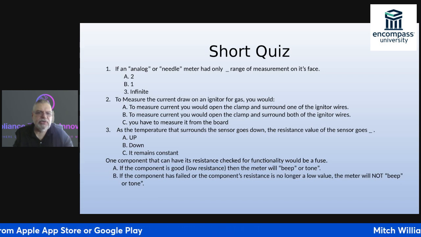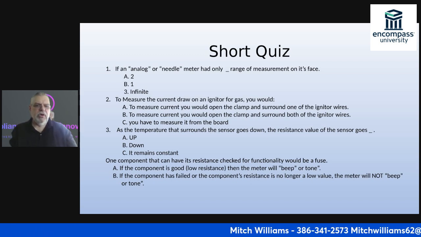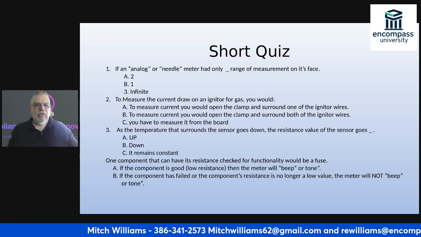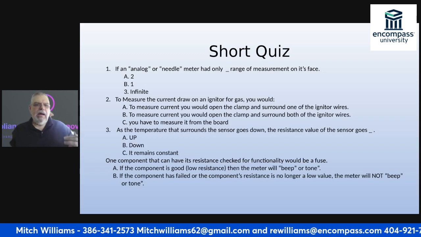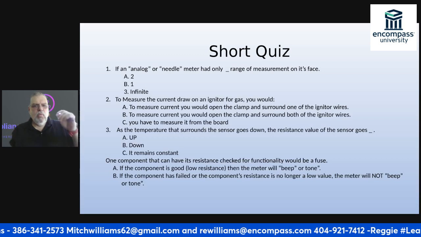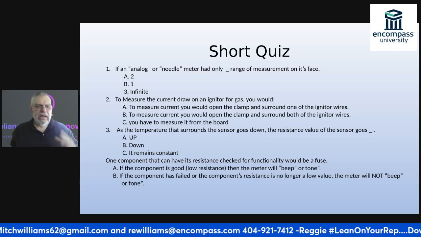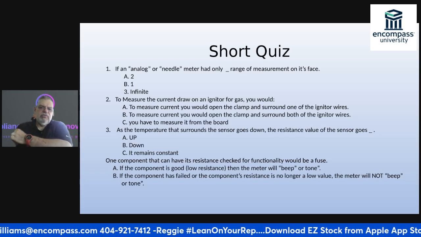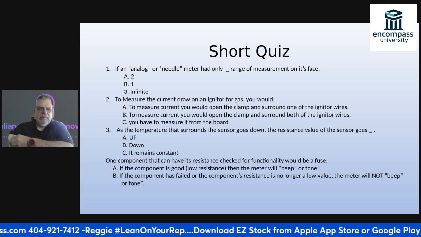Okay. The answer to question 2: to measure the current draw on an igniter for something that's gas, I would surround 1 wire. Not 2, 1. And if you try to measure it from the board, you're going to get messed up.